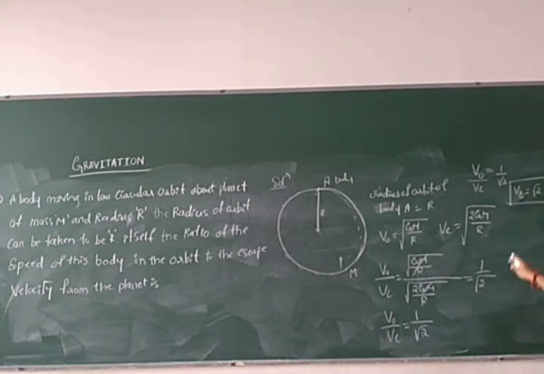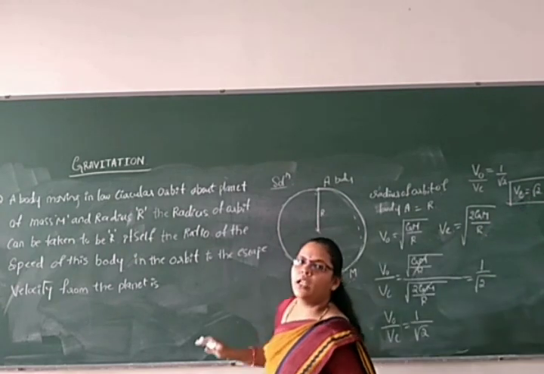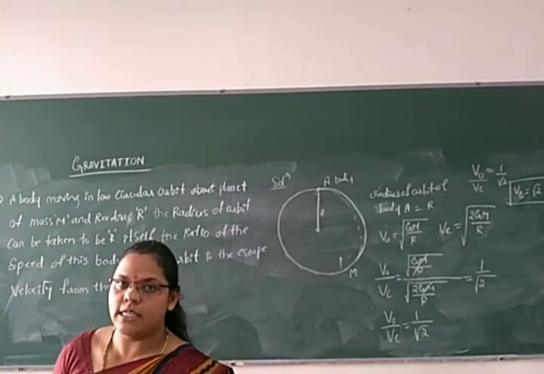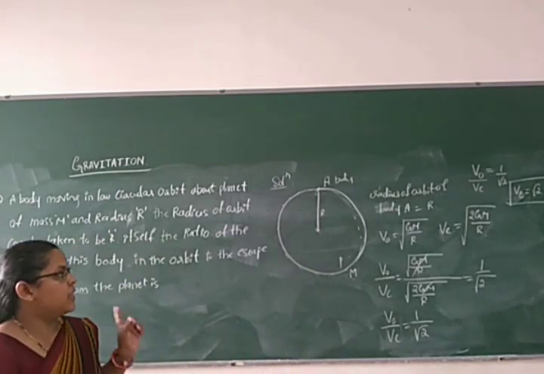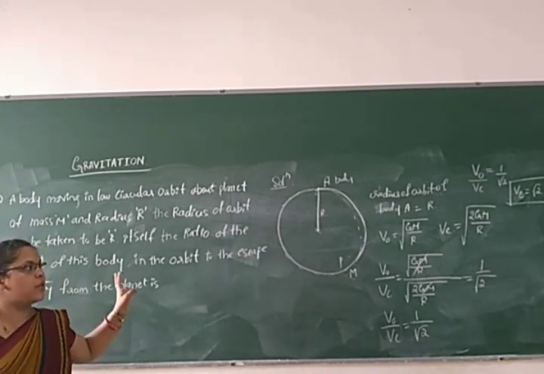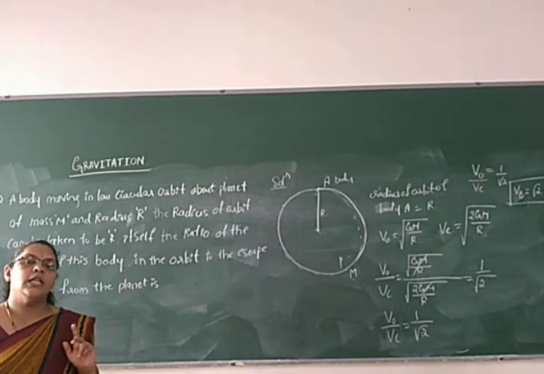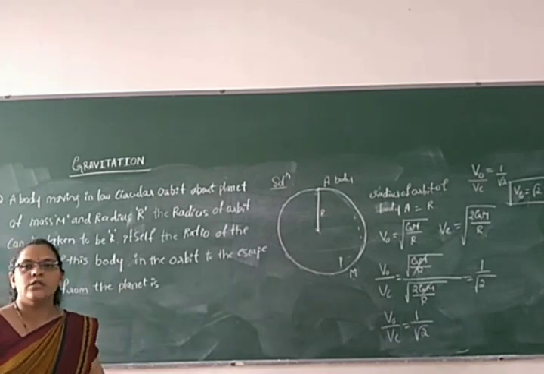As soon as you remember this formula by seeing the problem, you will get the solution very easily. So in a short time we can solve plenty of problems based on the orbital velocity and the escape velocity. When these two are interrelated, this can be solved very easily.